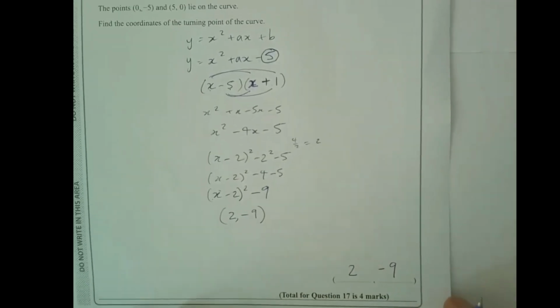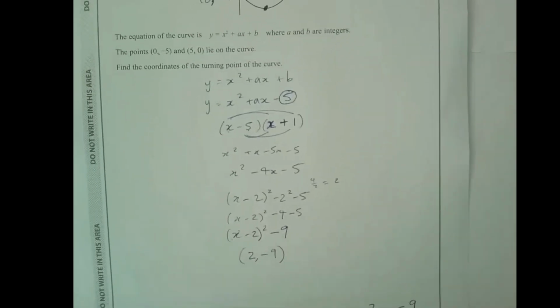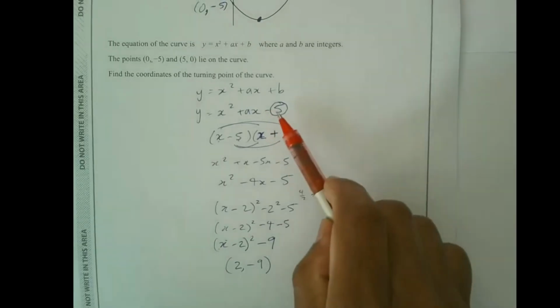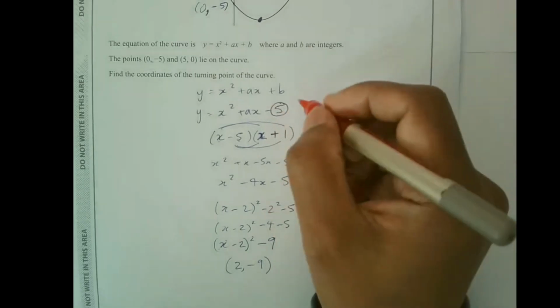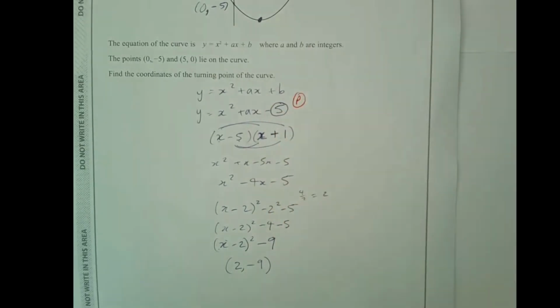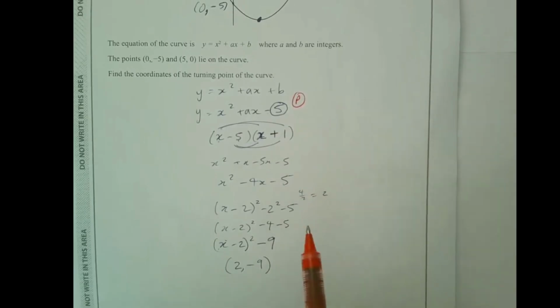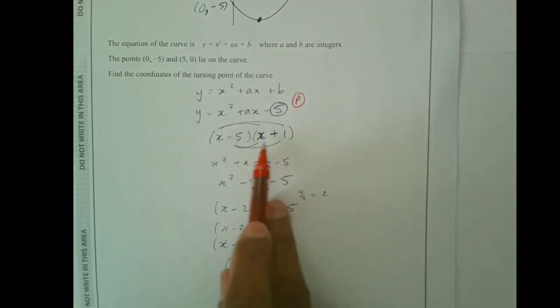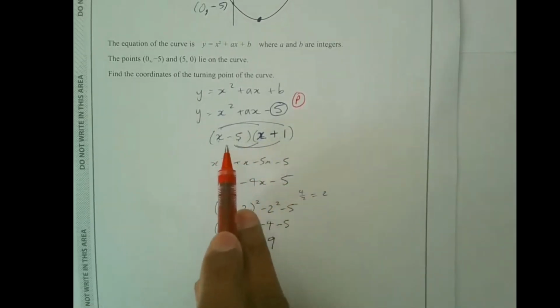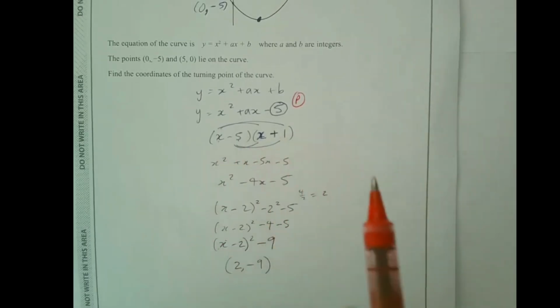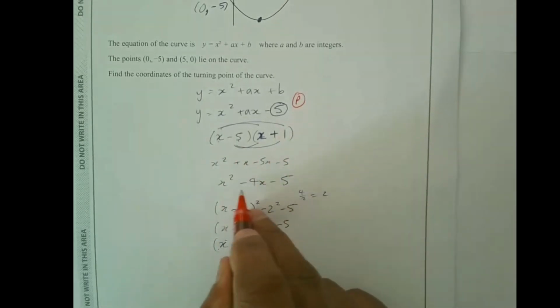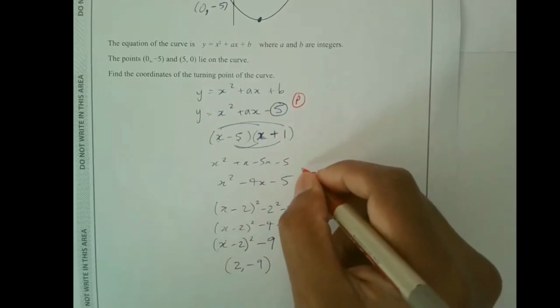So where are the 4 marks? Let's just go through this. The first mark is for identifying minus 5 here. B is minus 5, so this is a process mark. The second mark is for working out that when we have factorized, we have x minus 5 and x plus 1, or getting to x squared minus 4x, take away 5.